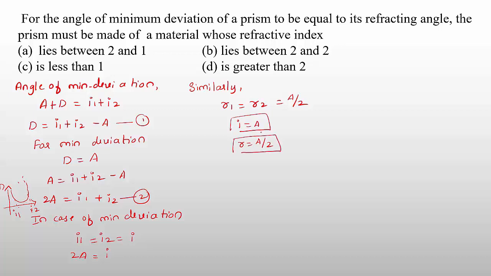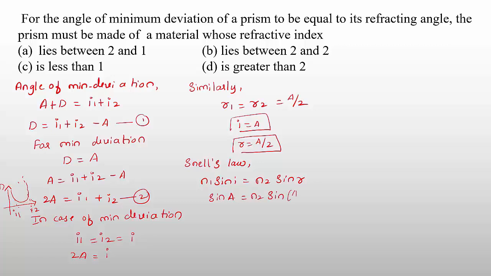Now, from Snell's law, we have the equation n1 sin i = n2 sin r. Let us use Snell's law, that is n1 sin i is equal to n2 sin r. Substitute the values. Refractive index of air is 1, so leave it. Remaining is sin A equal to n2 sin r.